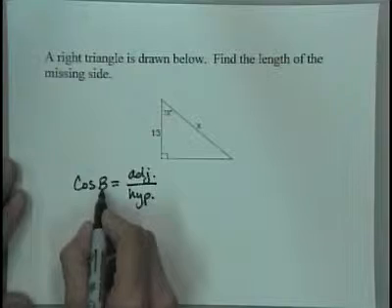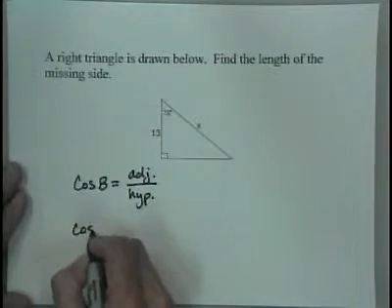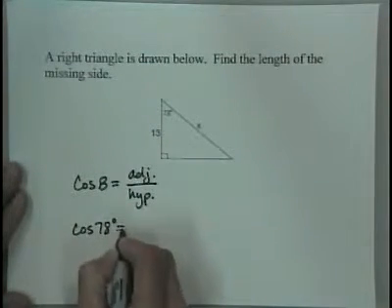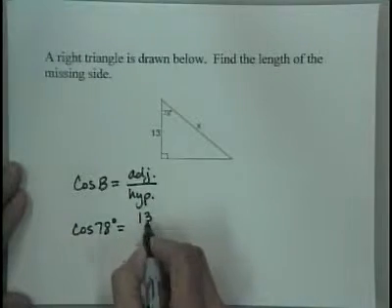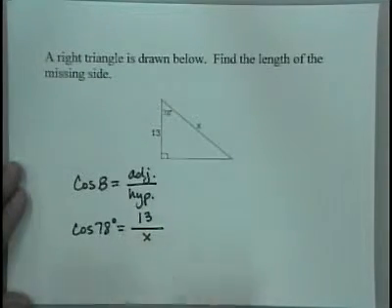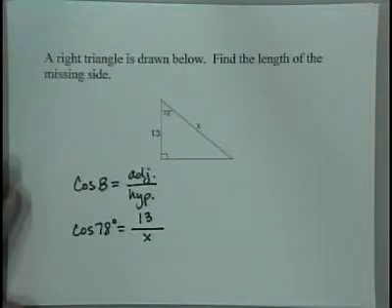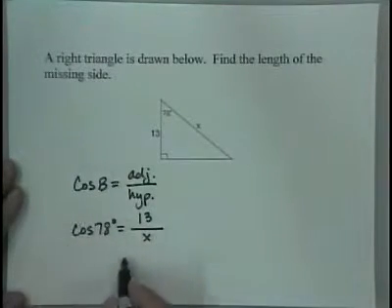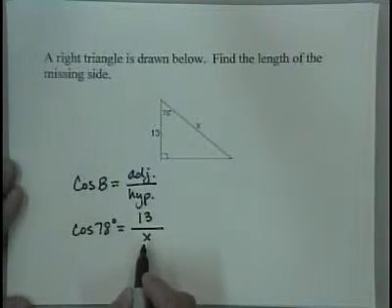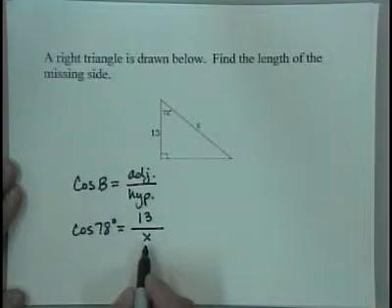Well, again, let's fill in what we have. We have that B, the angle, is 78 degrees. The adjacent side has length 13, and the hypotenuse is the thing I'm looking for, x. Now, what I need to do with my equation is isolate x. That's going to require a couple of steps.